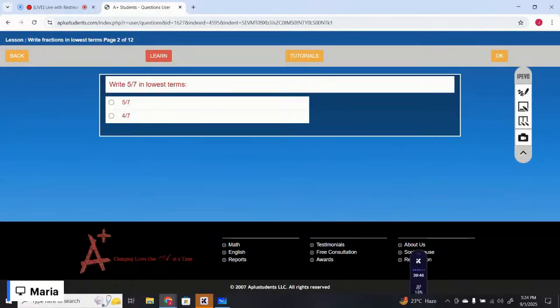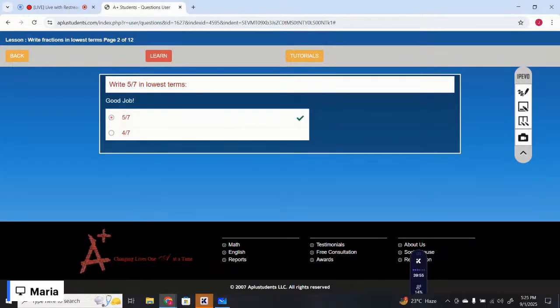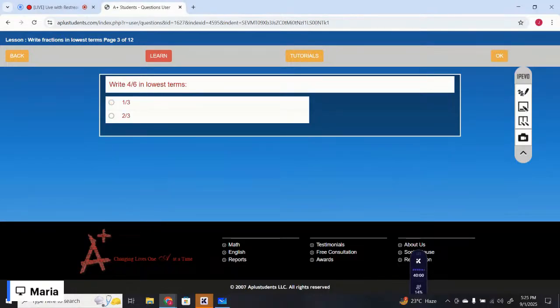Write 5 by 7 in lowest terms. 7 is a prime number, so that is already in the lowest form. So the correct option is 5 by 7.